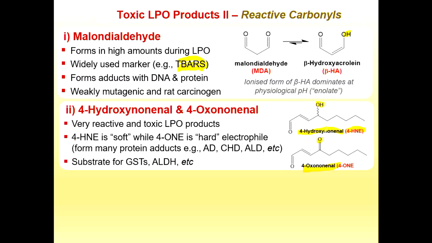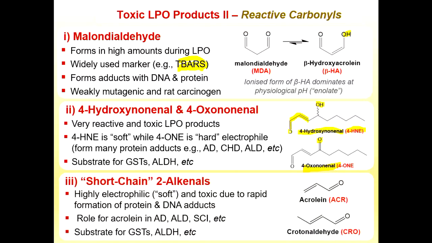So HNE is a soft electrophile, reacting with proteins and with DNA to a lesser degree, whereas oxononenal is a hard electrophile that damages DNA readily. These are very nasty species, and it's due to the presence of this double bond in close proximity to the carbonyl group. That's called an alpha-beta unsaturated carbonyl, and all chemists will be very familiar with them because they're very electrophilic.